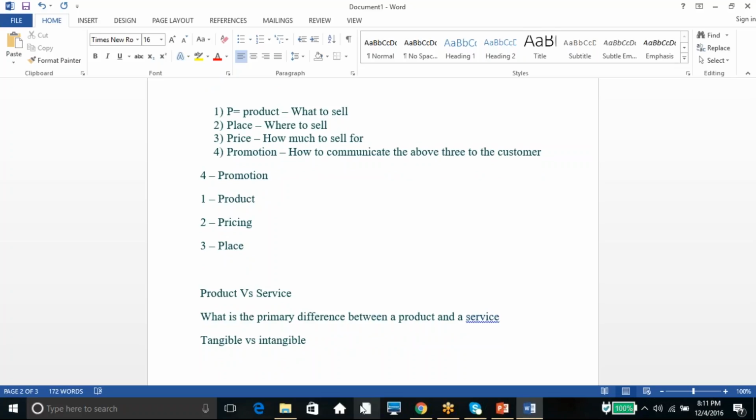So this is something that we have been used to hearing always, tangible versus intangible. But if I take the IT sector in itself, what would you call software? A product or a service?